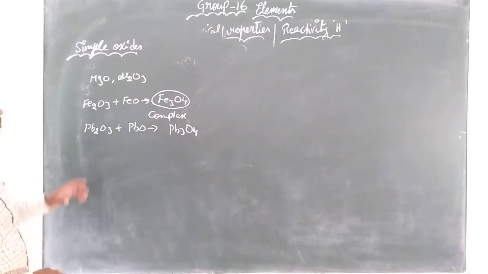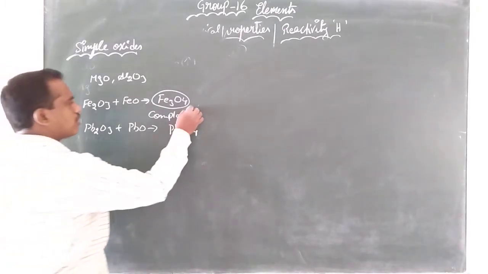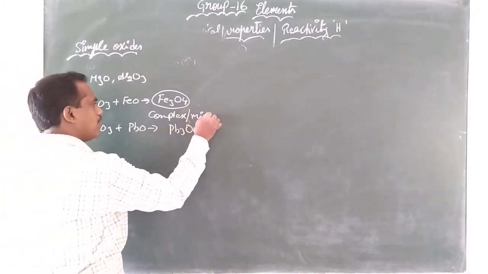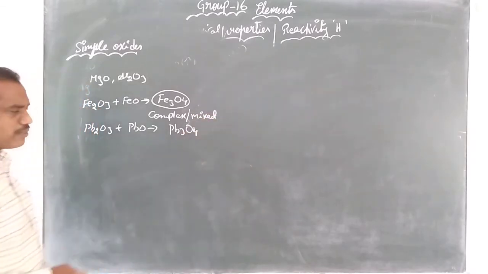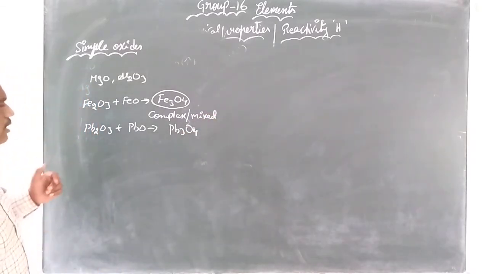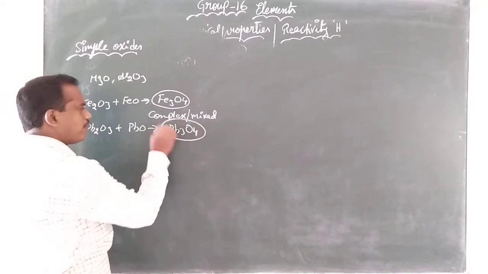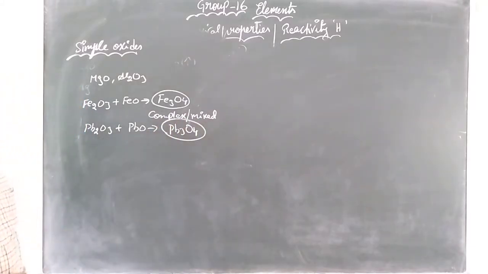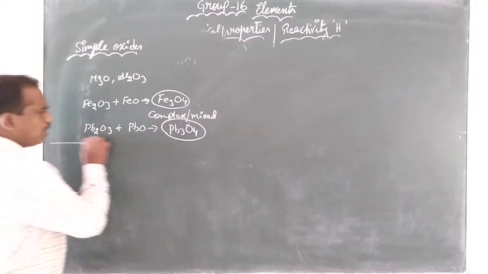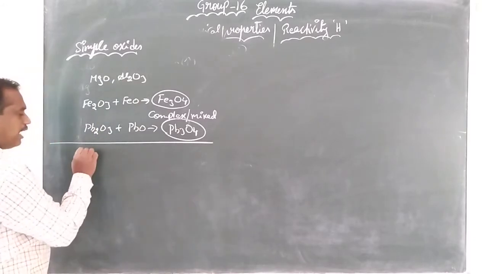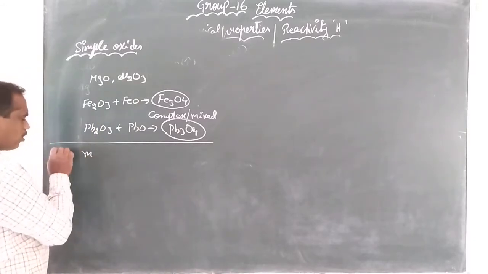Sometimes these mixed oxides we can call complex oxides. It is red in color, Pb3O4, and so it is called red oxide also. Coming for the metallic oxides and non-metallic oxides nature.